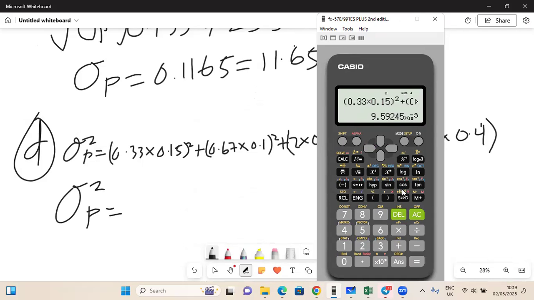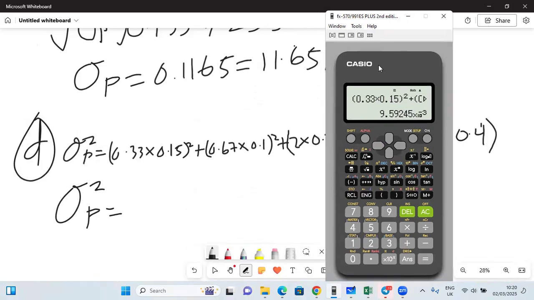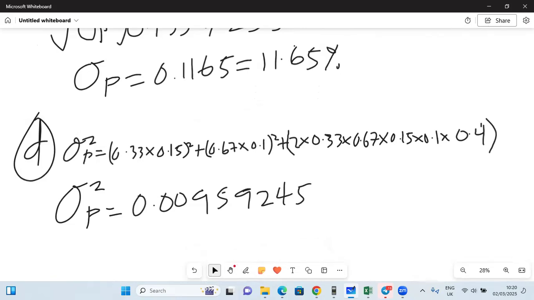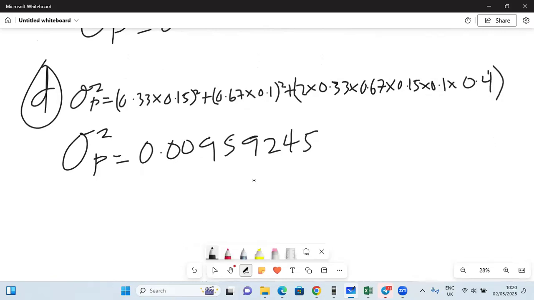So we are getting 0.0095992. Then, because we want the standard deviation, find the root.